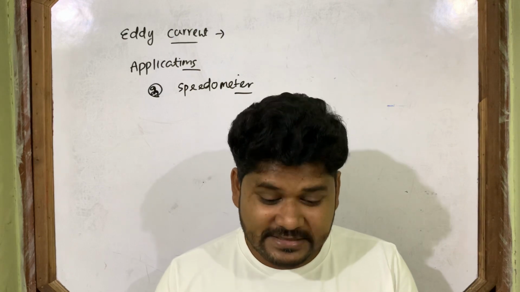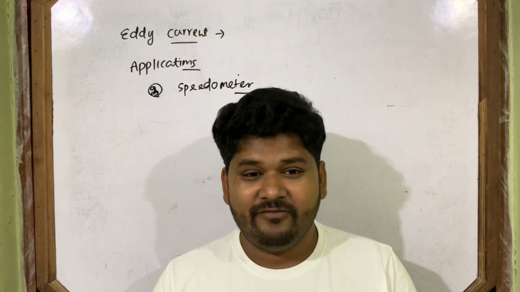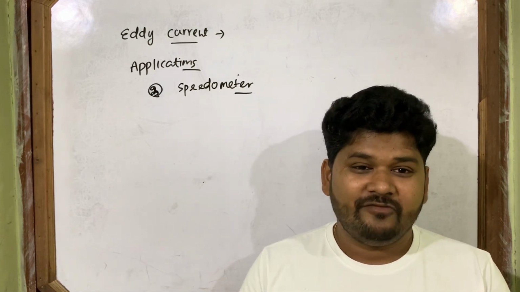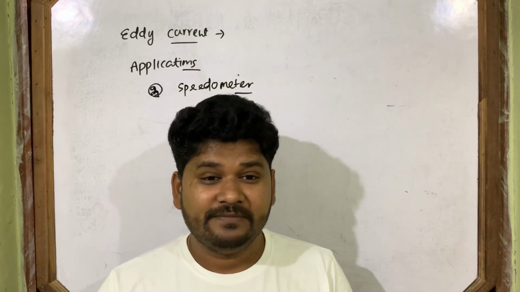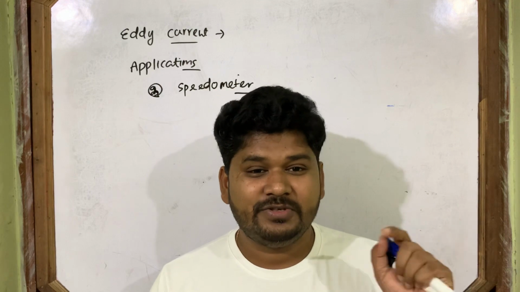When that magnetic system rotates at the center, eddy current forms in a metallic drum that is kept there at the center of the wheel. When eddy current forms, that eddy current is connected to your speedometer.